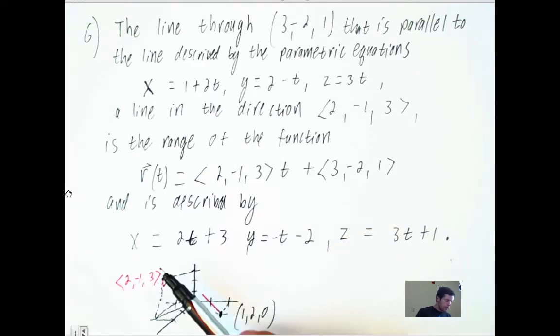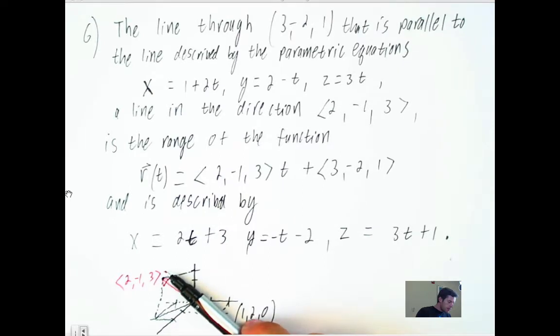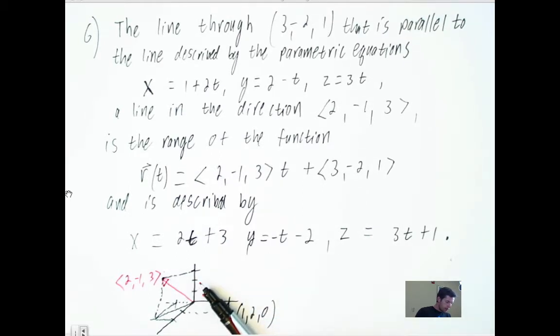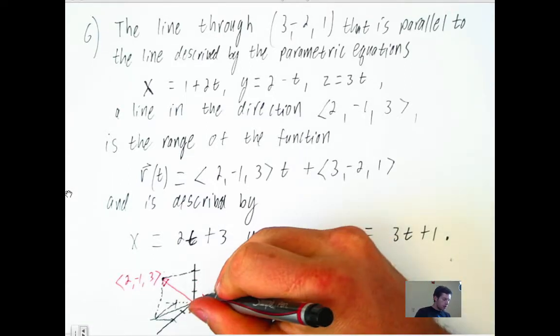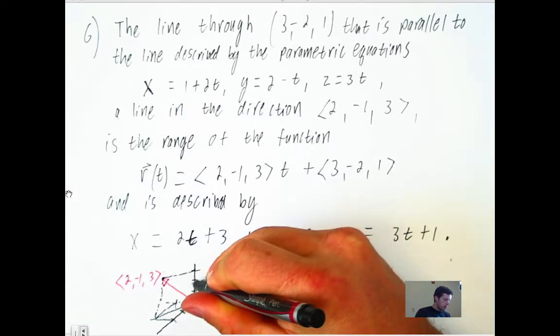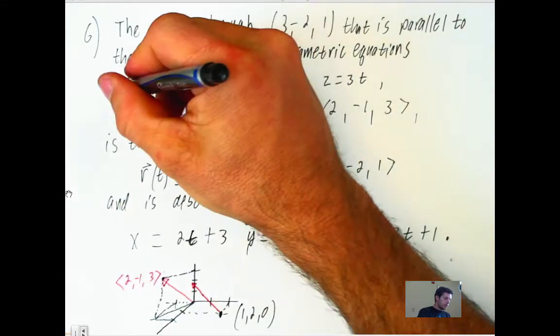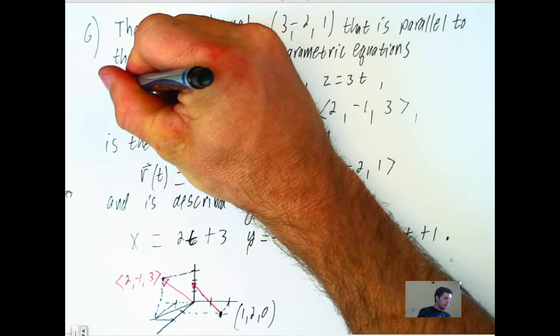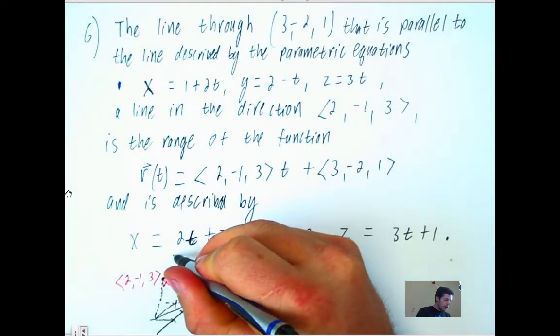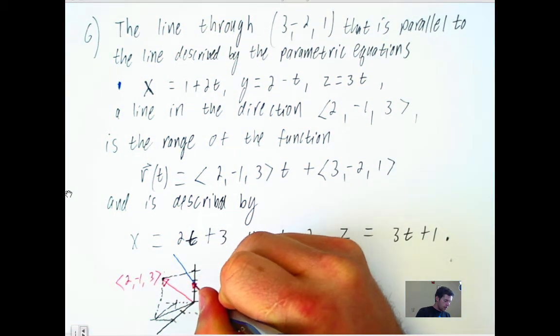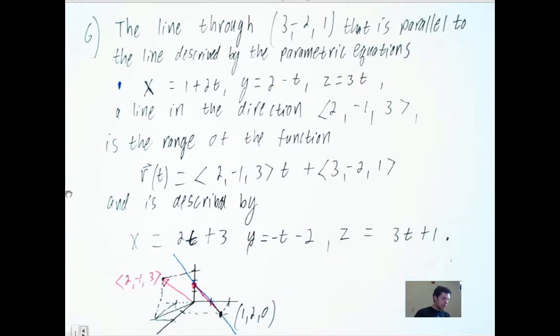That'll take me about here. Maybe a little bit too long. And my line that I started out with here in blue, it looked like that. Okay, so that was the line described by the book.